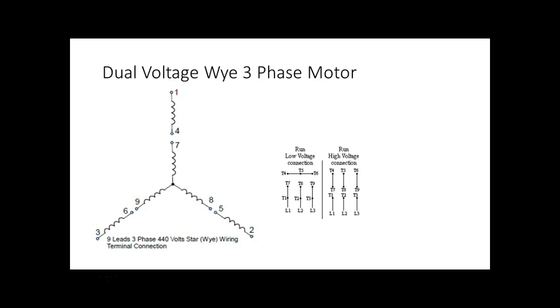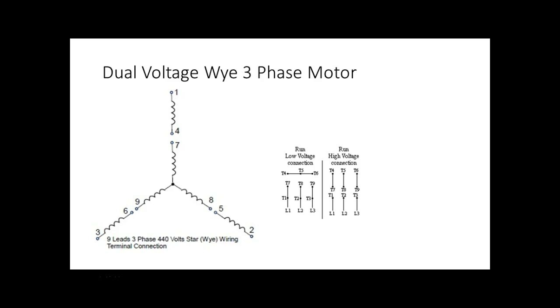If I wire it for high voltage and I put it on low voltage, you're going to burn the motor up because the motor can't even create enough starting torque. If you wire it for low voltage and put it on high voltage, you're going to burn it up because it's trying to produce 4 times more power than what it's supposed to. So a transformer, and these are basically transformers, but the secondary is in motion, right? You understand that?